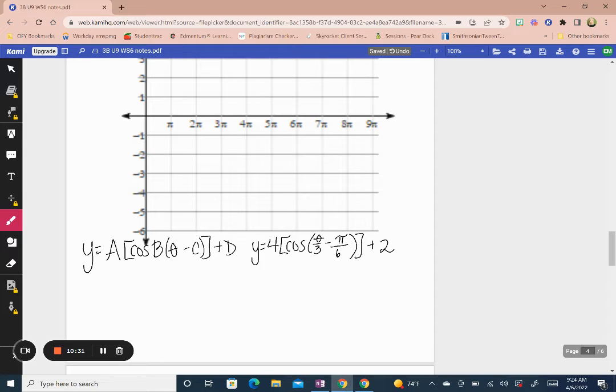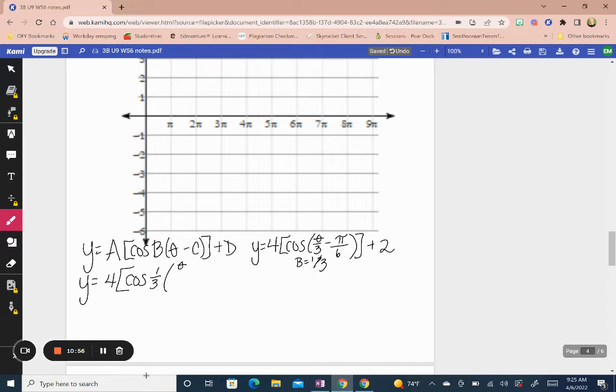So in order to get my a, b, c, and d, I need to pull this b out. I know my b is 1/3. So I'm going to bring it out to the front and divide both of these by 1/3. So that's going to be y equals 4 cosine of 1/3. And then, but remember, if I distributed back in, you would still get this same number.